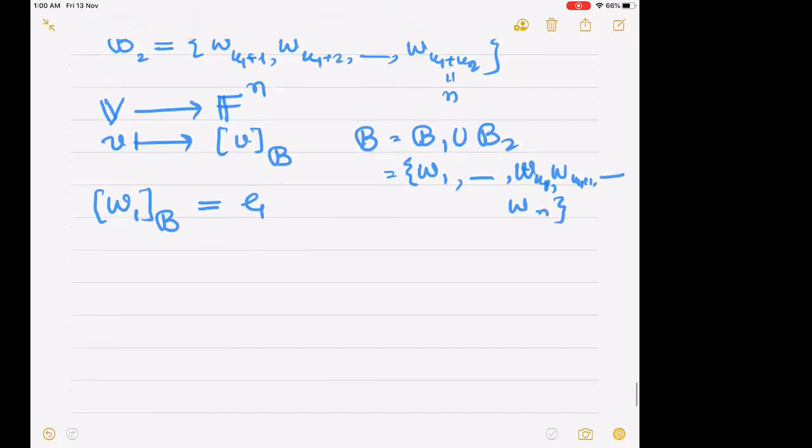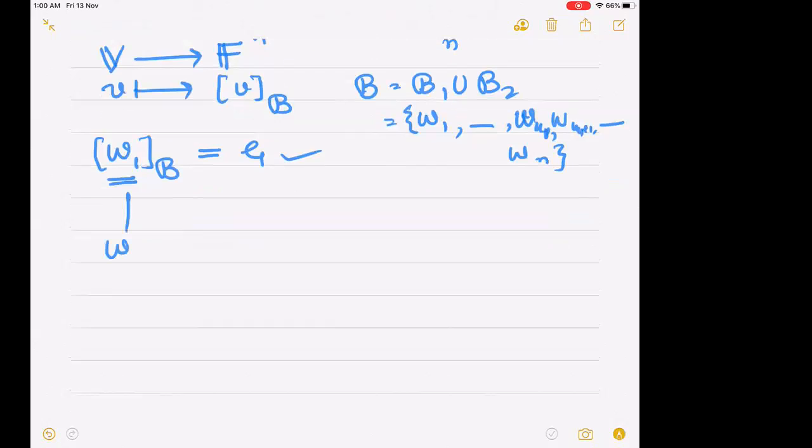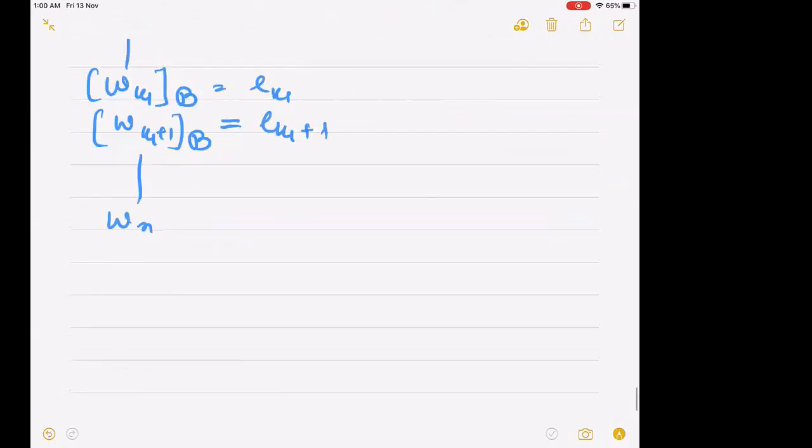So if I express the first basis vector in terms of this basis, I get 1 and all zeros. This trend continues till w_K1, which would be given by e_K1. Then w_(K1+1) is where the other subspace W2 starts, and finally w_n must be nothing but e_n. This is the representation.